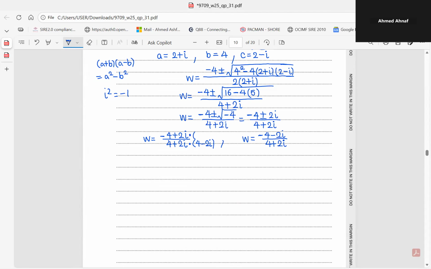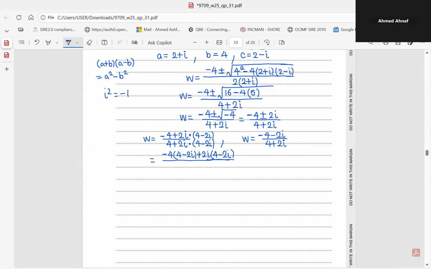And you also multiply the numerator by the same conjugate. So minus 4 times 4 minus 2i, plus 2i times 4 minus 2i.